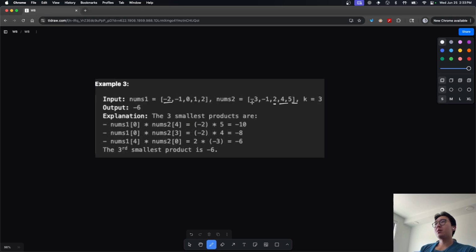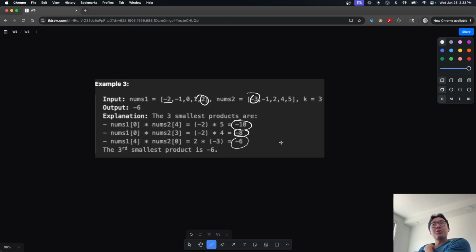Wait, smallest product. Why is it not? What about negative 3? Oh, that's positive, my bad. Okay, and then we have 2 times... We could have, okay, so negative 10, negative 8, this is negative 4. But we have a negative 6, which is negative 2. Wait, it's 2 times negative 3. Yeah, that's the thing.